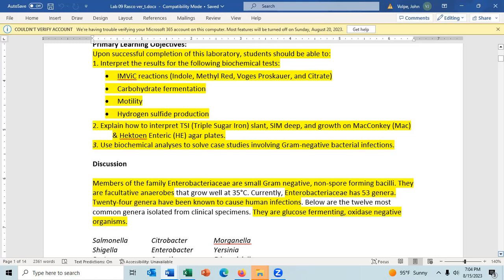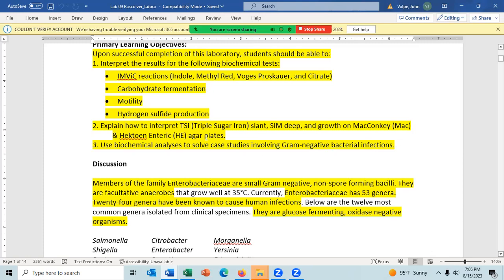We'll talk about all of those tests today. Also know how to interpret the results for the carbohydrate fermentation test, the motility test, and the hydrogen sulfide production test. Two, be able to explain how to interpret the triple sugar iron or TSI test, the SIM deep test, and the growth on MacConkey's and Hektoen enteric or HE agar plate. MacConkey's is also abbreviated MAC.